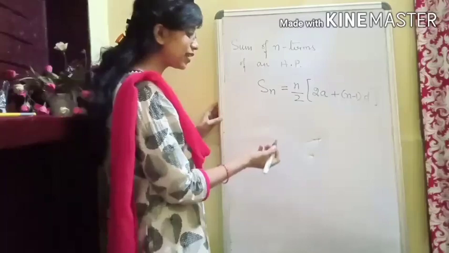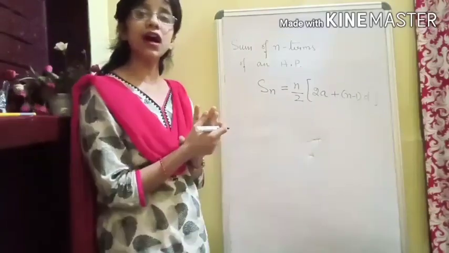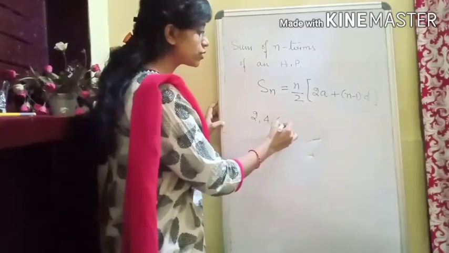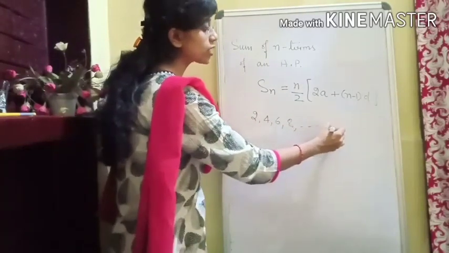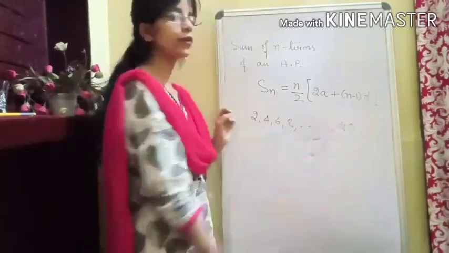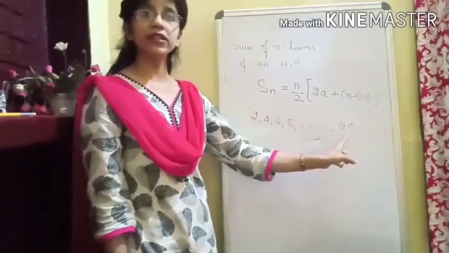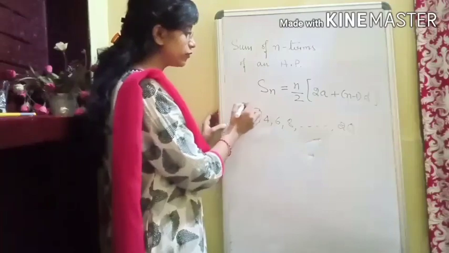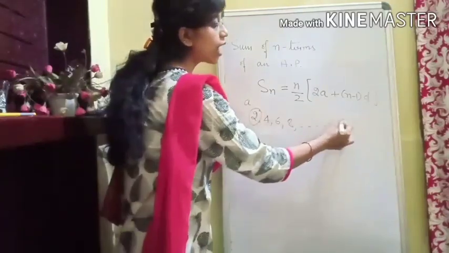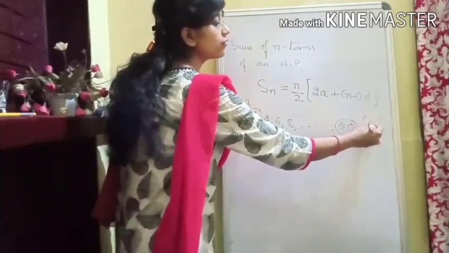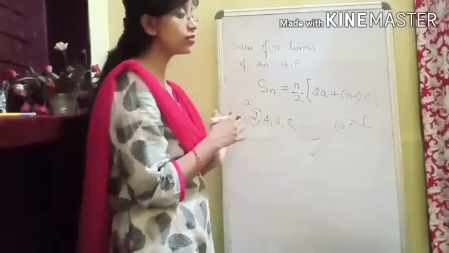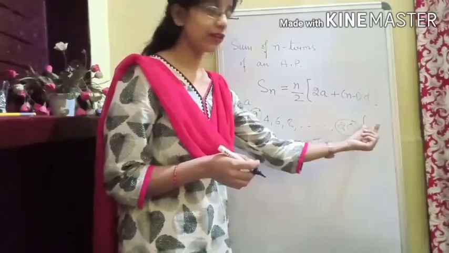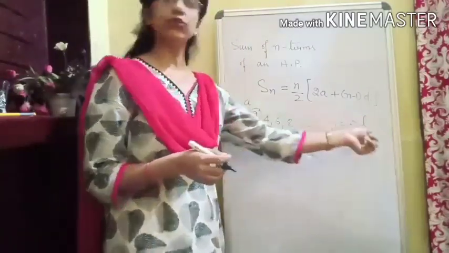But in any case, if we are given the last term of the AP, like 2, 4, 6, 8 up to 20, this is a finite arithmetic progression. You know the first term a, and you know the last term, which is denoted by l.